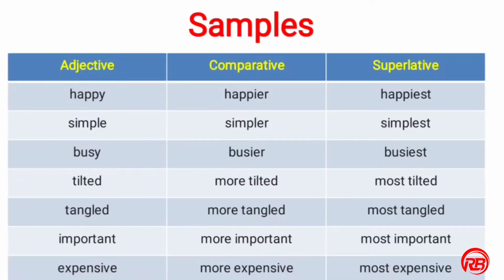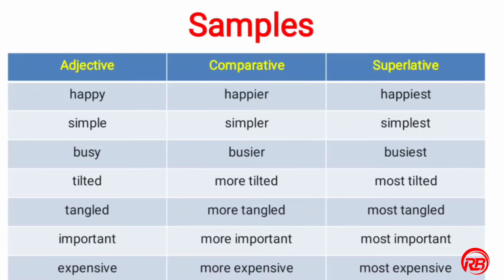And here I have given you some more examples. Just go through it. For some words in comparative degree we use more, and for superlative degree we use most. More important, most important.